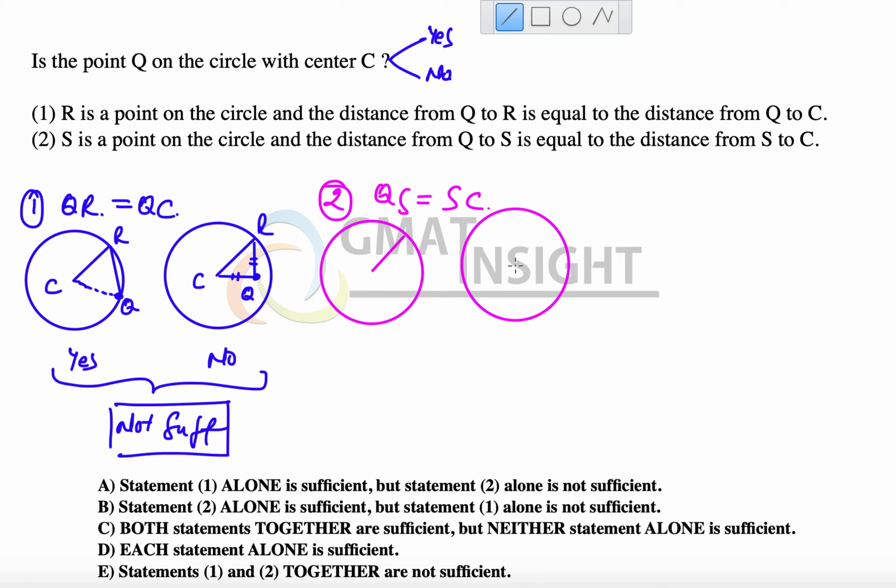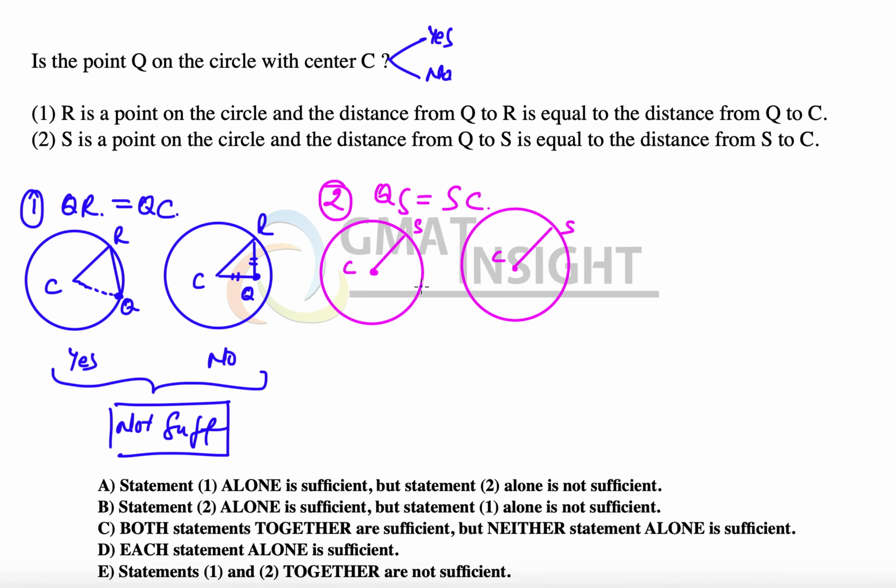One point is C at the center and another point S is on the circle. In both cases S is on the circle and C is the center of the circle. Now QS is equal to SC, so we have to choose a point Q somewhere so that QS is equal to SC. That means the distance of Q and S should be equal to the radius.